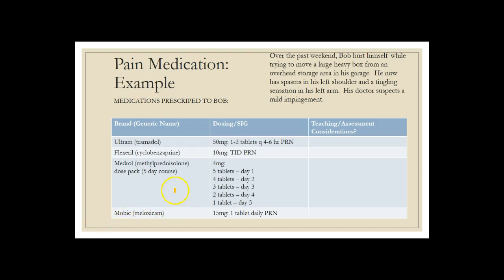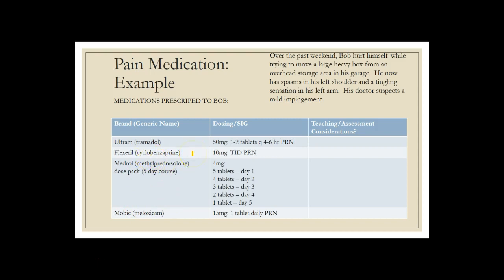And so what you have to realize is that with pain, a lot of different things can be happening. You can have pain itself, you can have pain that's coming from inflammation, and so your Medrol dose pack and your Mobic, which is an NSAID, so steroid and the NSAID will help address any inflammation.